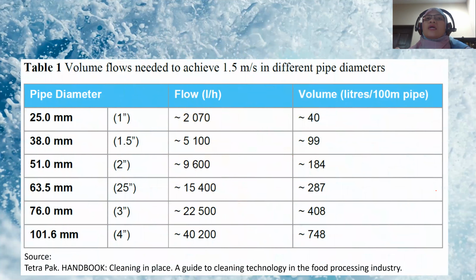I would like to note as well that in order to control the flow rate inside the pipe, remember it also depends on the pipe diameter. This is an example of the volume flow needed to achieve 1.5 meters per second in different pipe diameters.